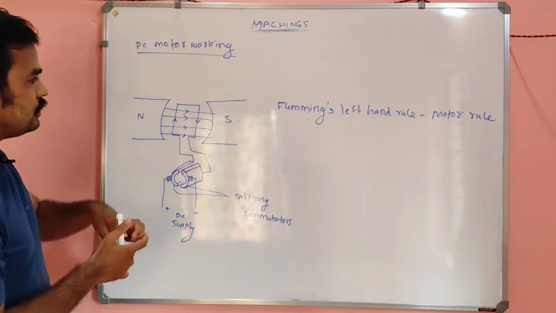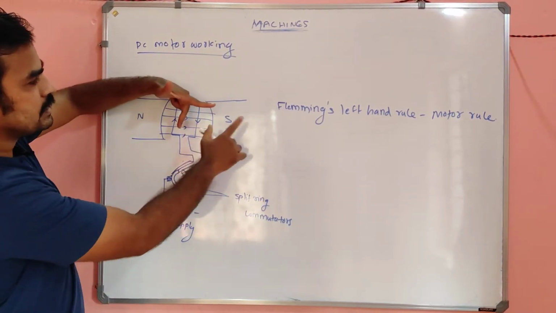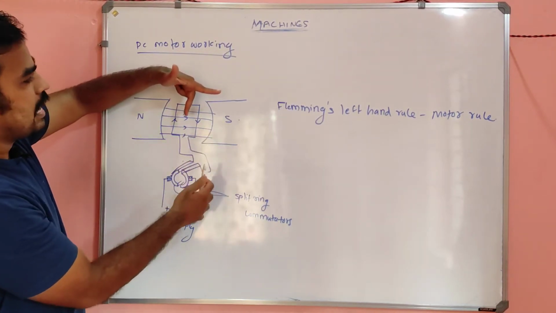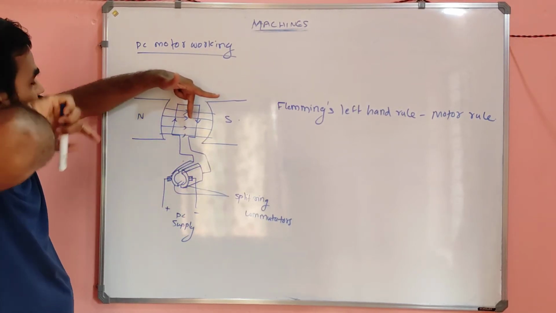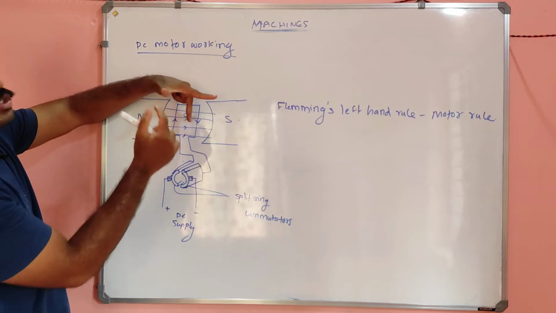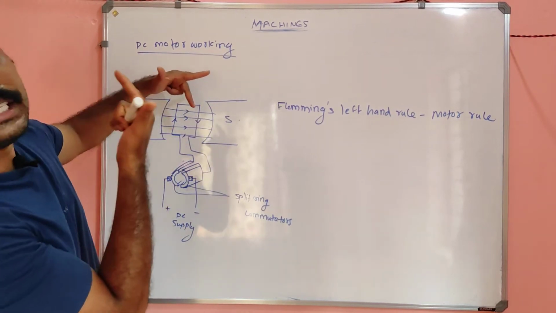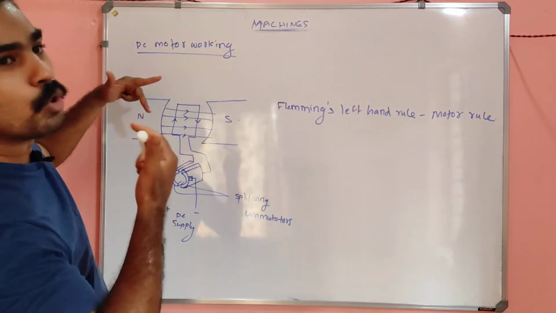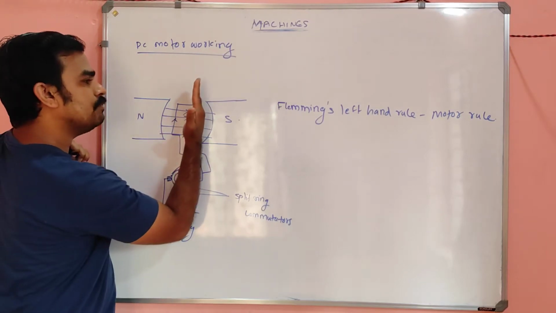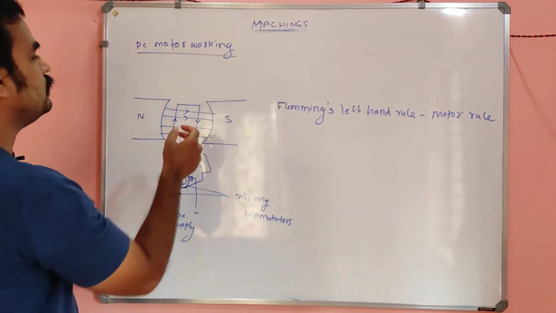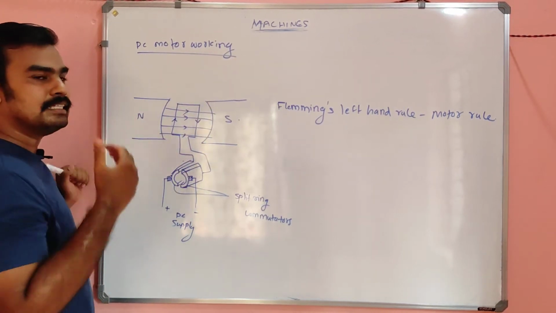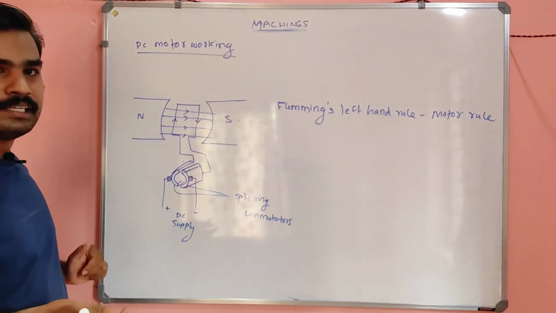See, this is the field direction north to south, and this is the current direction. So there will be a force acting towards me from the board. This side will exert a force like this, and it will move like this.